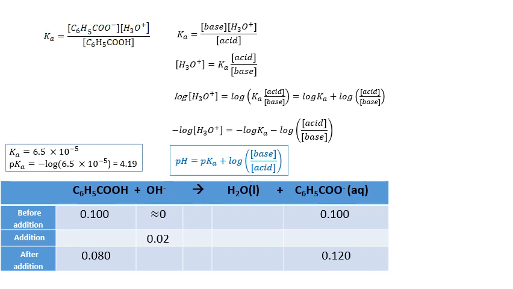We had, let's see, the base was 0.12 and the acid was 0.080. And you can just put those directly into the Henderson-Hasselbalch equation. It's the pKa of 4.19 plus the log of 0.12 over 0.080. And it turns out to equal 4.37. And of course, it's the same number that we got before, calculating using the non-logarithmic version of the equation.